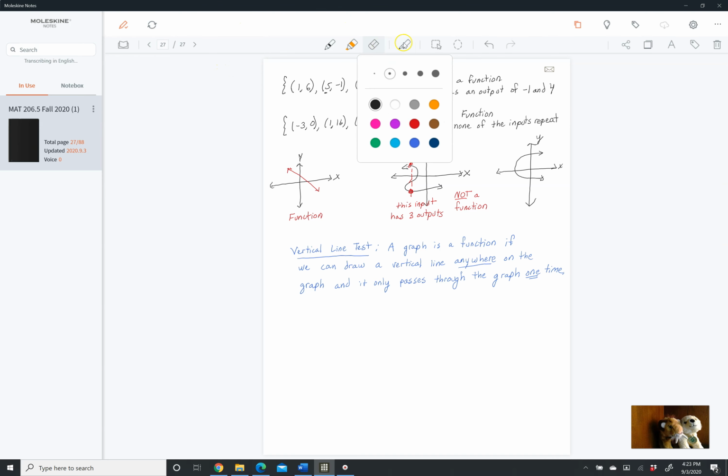If we draw a line anywhere on this graph, will we ever have a line that passes through the graph more than once? Okay, and I'll give you a second to think. We do, okay? So an example of a line that passes through it more than once, and we only need one. If there's even a single line, then it's not a function. So this is not a function because this line passes through the graph twice.